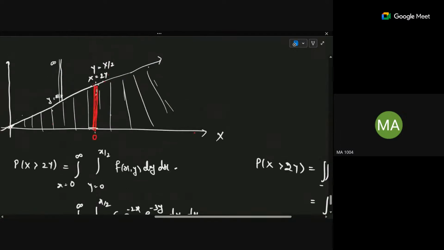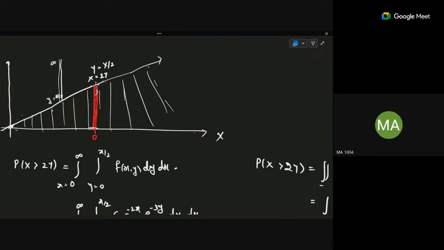Whenever we are trying to find out the limits for x, just check where this strip is going to be swiped from 0 to infinity, right? To cover the whole region, it has to swipe from left to right, right?